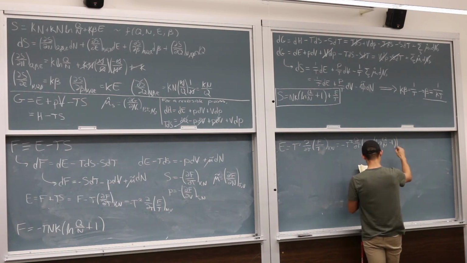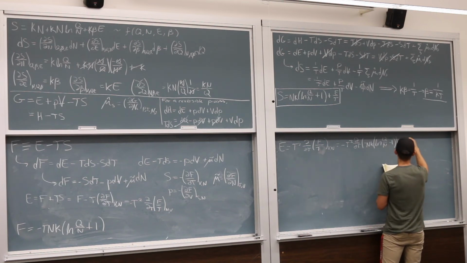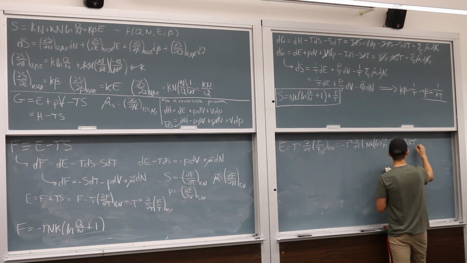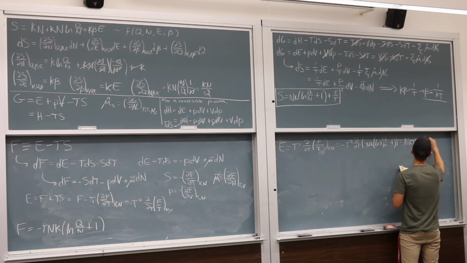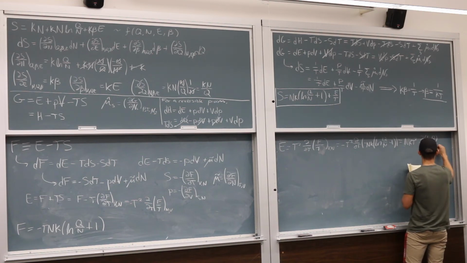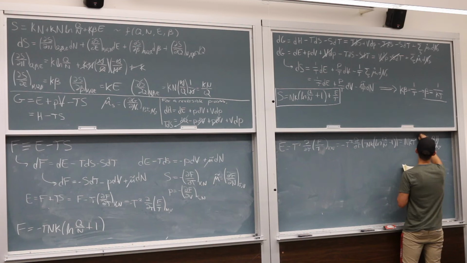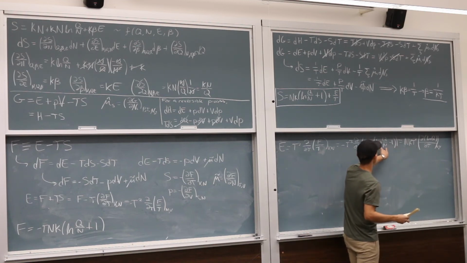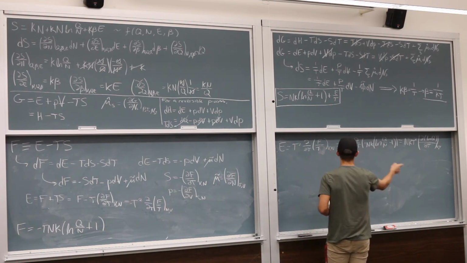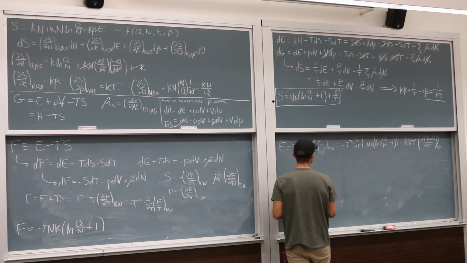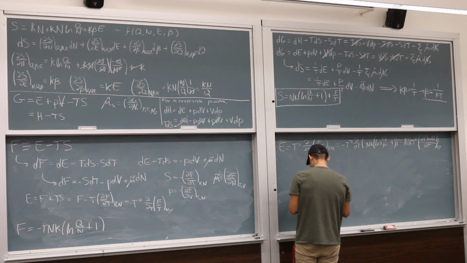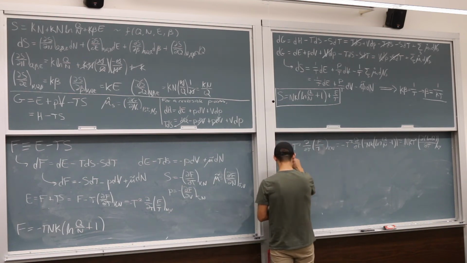This is just N K T squared times the derivative of natural log of Q with respect to T, holding N and V constant. The reason is that you can split the natural log into natural log of Q minus natural log of N. Natural log of N does not depend on temperature, so it goes to 0 when you take the derivative.